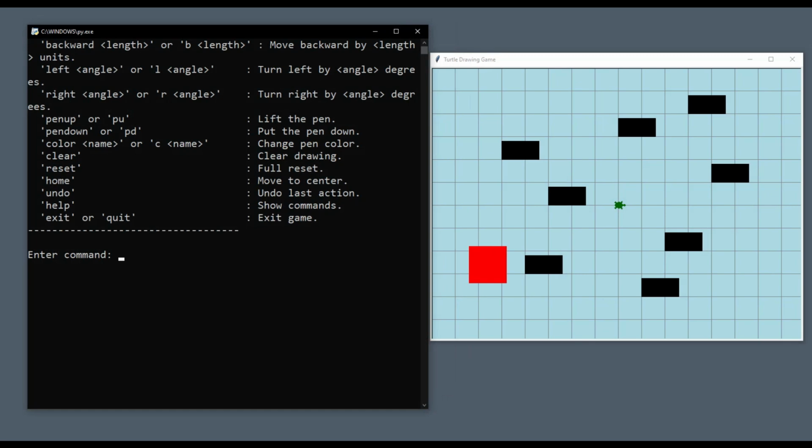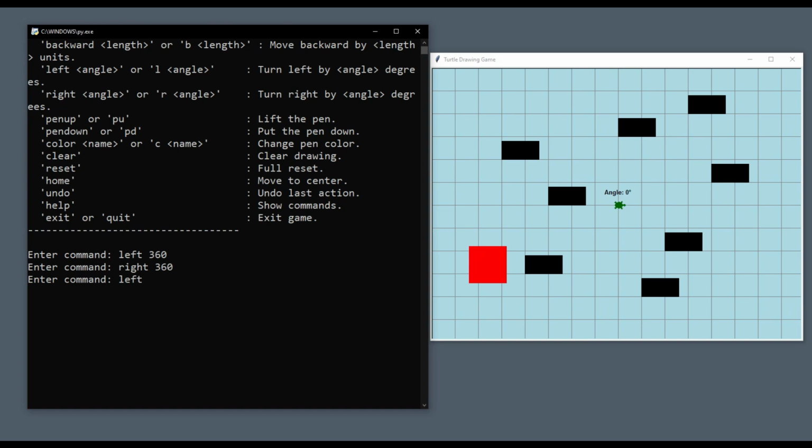Okay, so let me show that as well. We'll go back to our turtle. We will make the turtle turn 360 degrees. Please look at where it's pointing. It's pointing towards the right, right? Let me make it turn left 360 degrees. You can see it's pointing in the same direction again. Let me make it turn right 360 degrees. Again, it's pointing in the same direction.